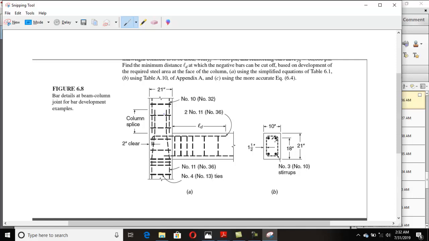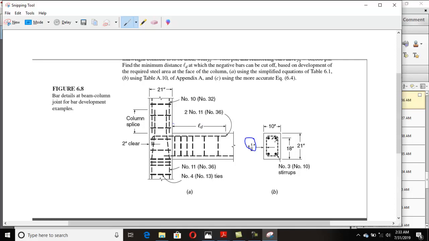This is a beam column joint, and the beam is discontinued, not continued. You see the side cover, which is from the face of the bar to the outside. That side cover is 1.5. You see the number 3 stirrups.